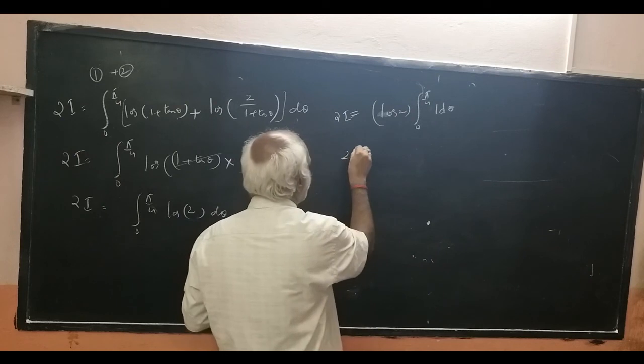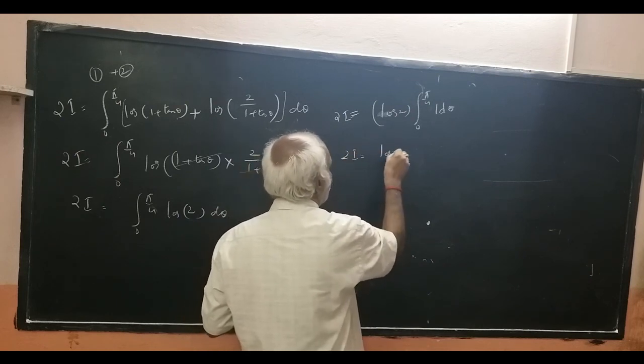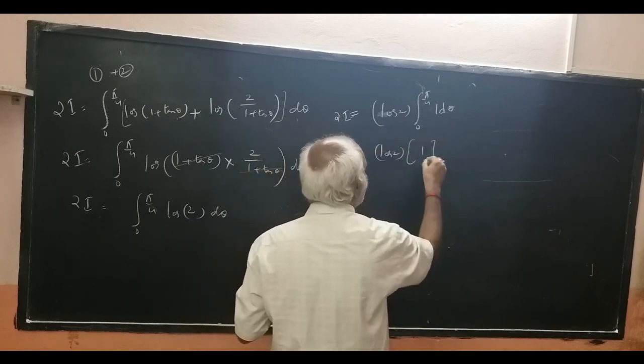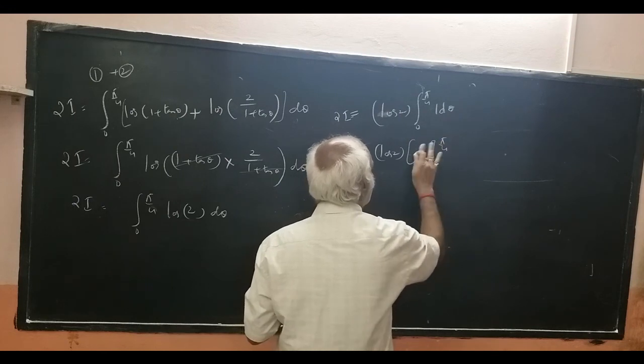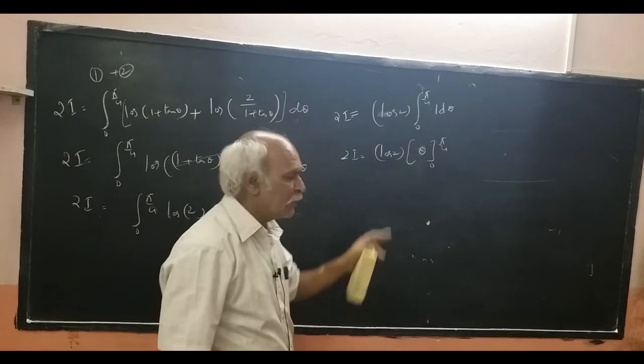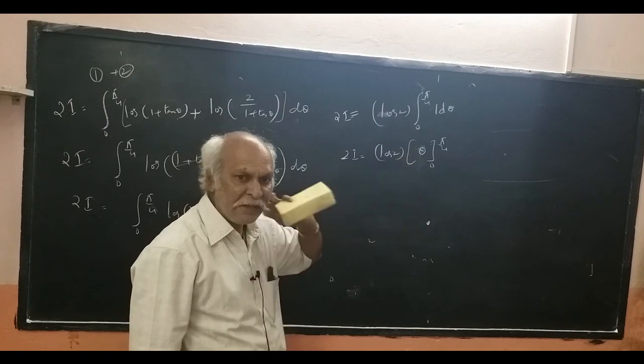So 2i is equal to log 2, 1, 0 to pi by 4. That is theta. d theta means theta will come.